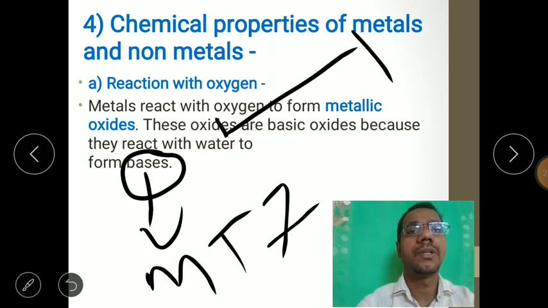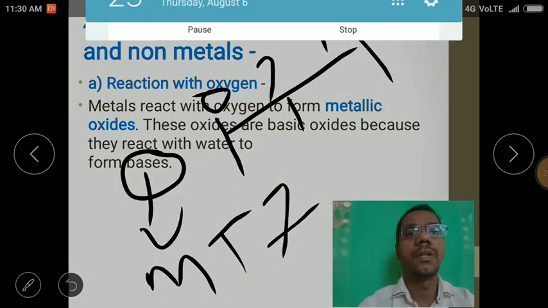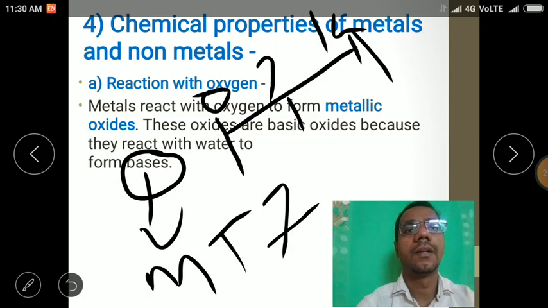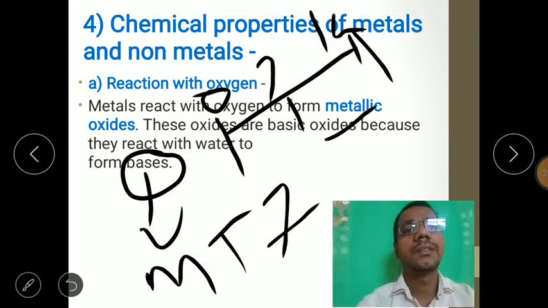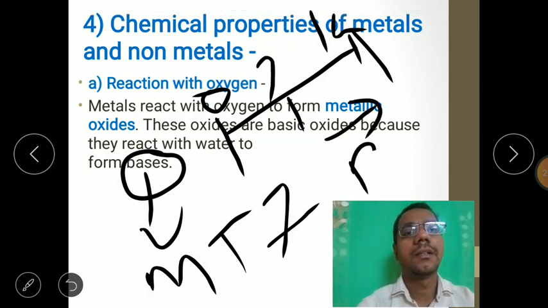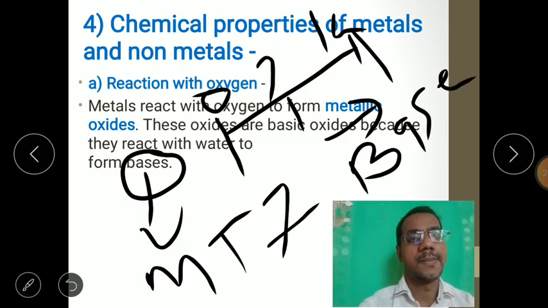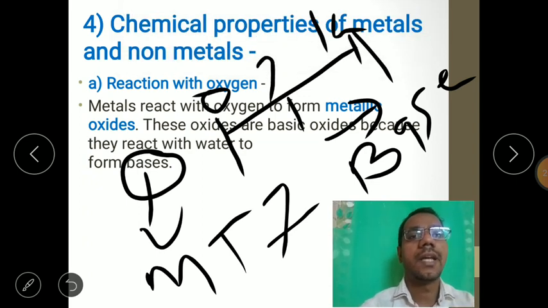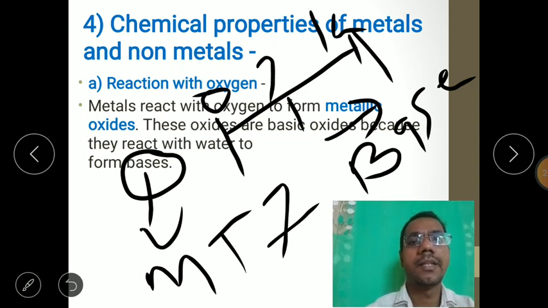It is 0, it is 7, and it is 14. So more than 7 they are bases. Less than 7 they are called acids, and exactly 7 is called neutral.